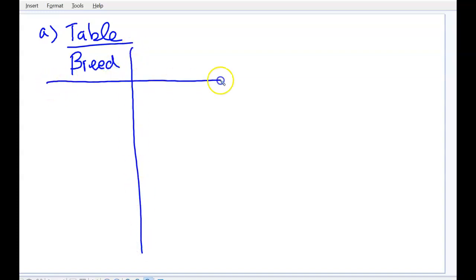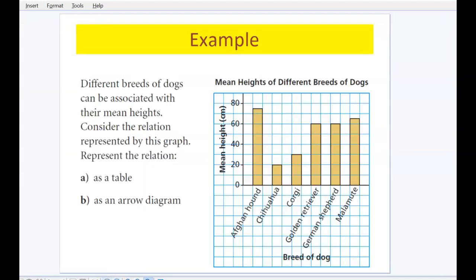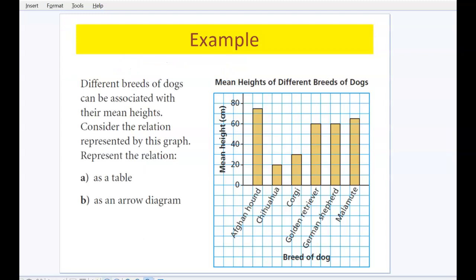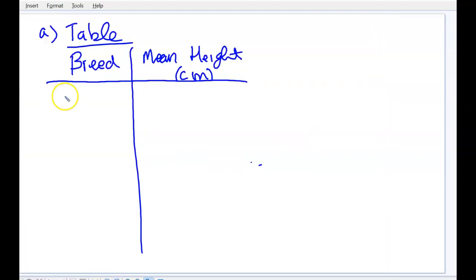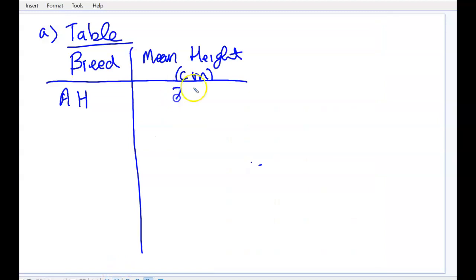And on the right side of the table is going to go the height in centimeters, the mean height in centimeters. We're going to start with the Afghan hound, and I'm going to use short forms again. The Afghan hound has a mean height of about 75.